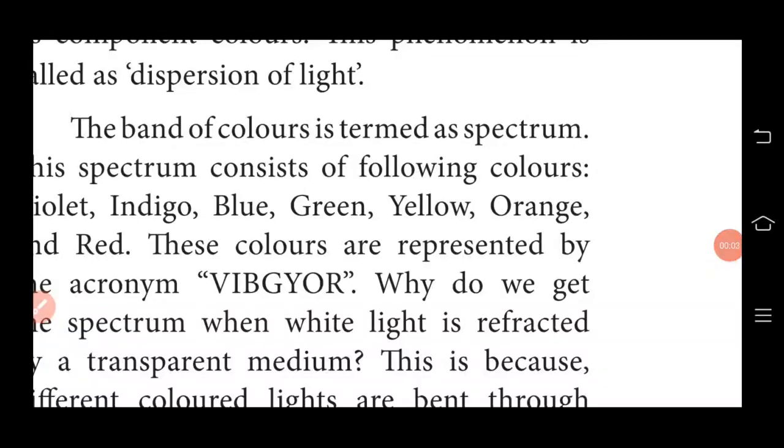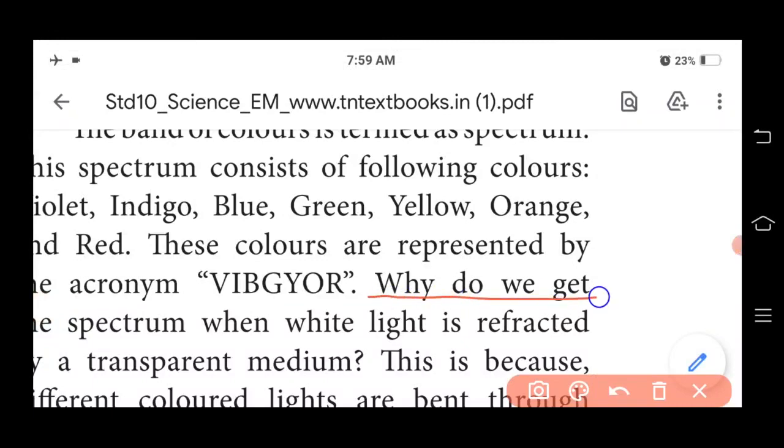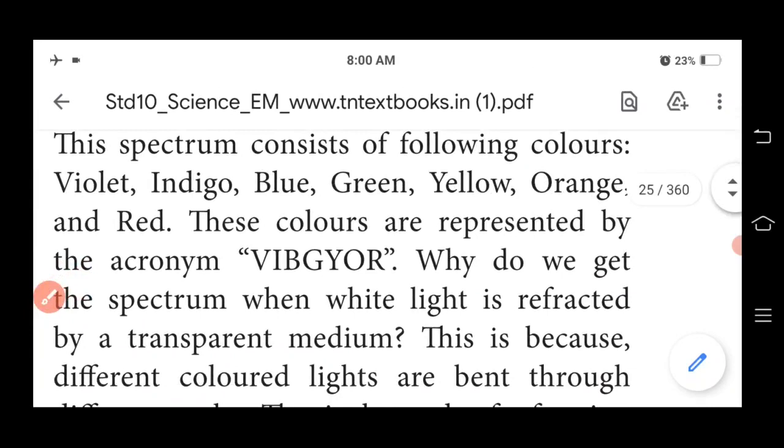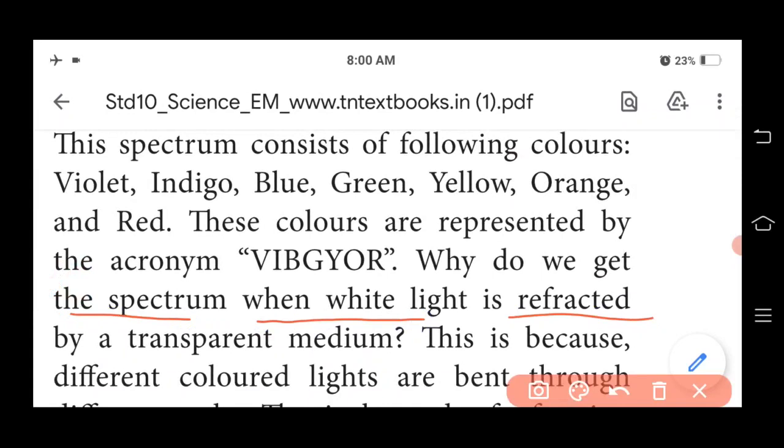Here is another question. Why do we get the spectrum when white light is refracted by the transparent media?